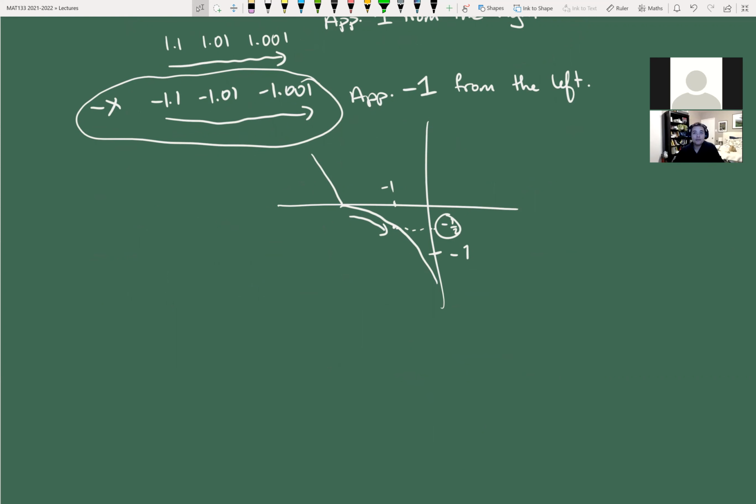In fact, f of x is equal to -x squared for all x less than 0. Does everyone agree? Does that make sense? Okay.